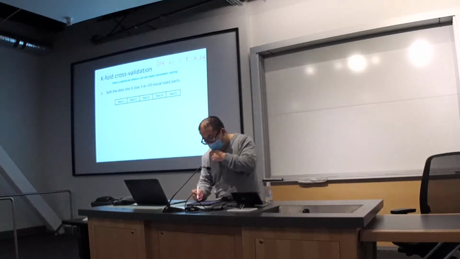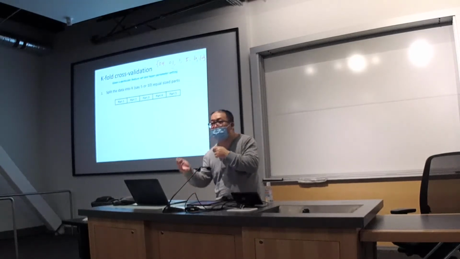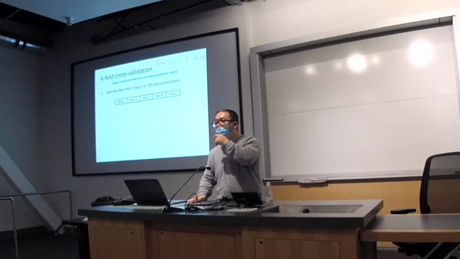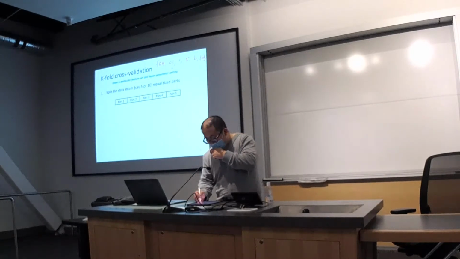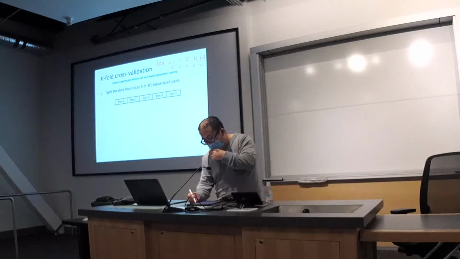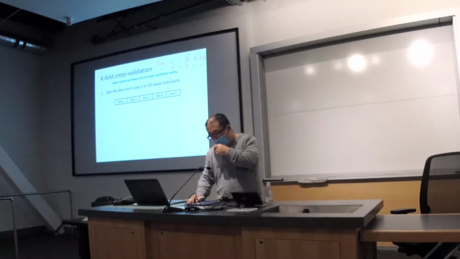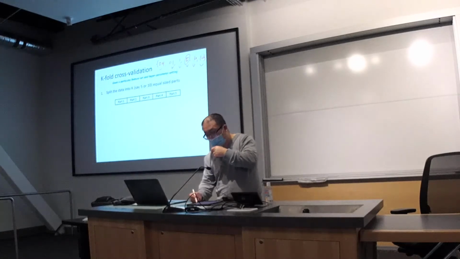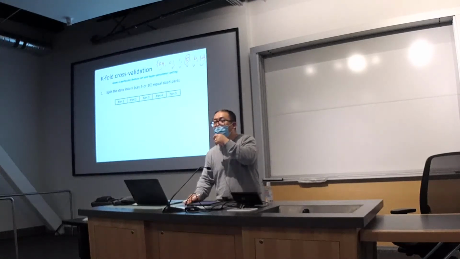But I just don't know which one will give me the best performance. So I need to check the performance of using each C value and then determine which one has the best performance. For example, if C equals 5 turns out to make the performance best, I'm going to use C equals 5.